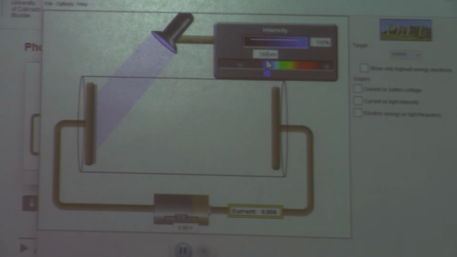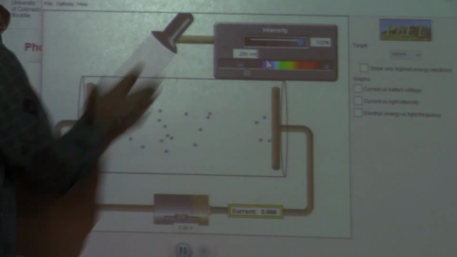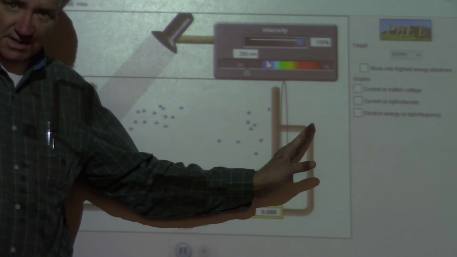This is just a number that I chose. You can pick any one. I just set it to 285. So I've shrunk my wavelength down to 285 nanometers. So clearly, now I've got enough energy to kick these electrons out.